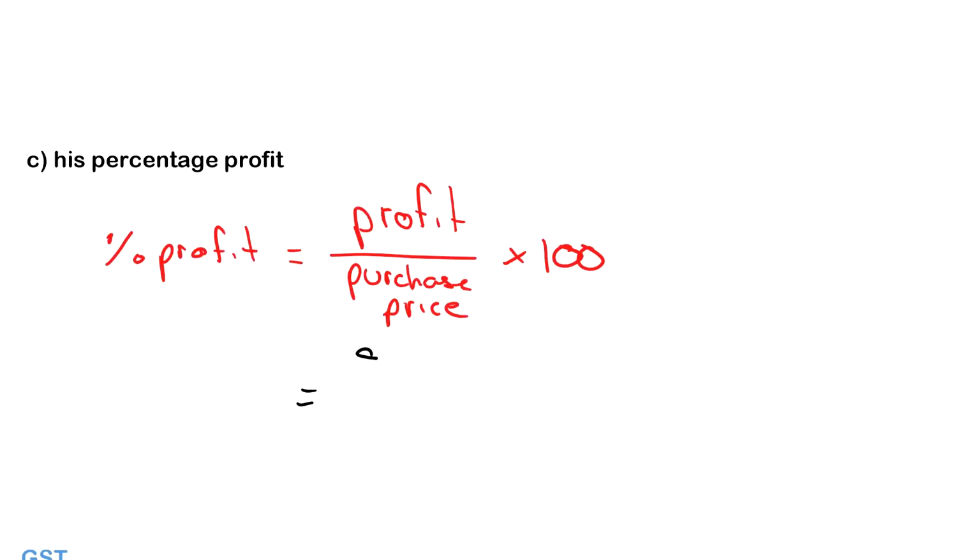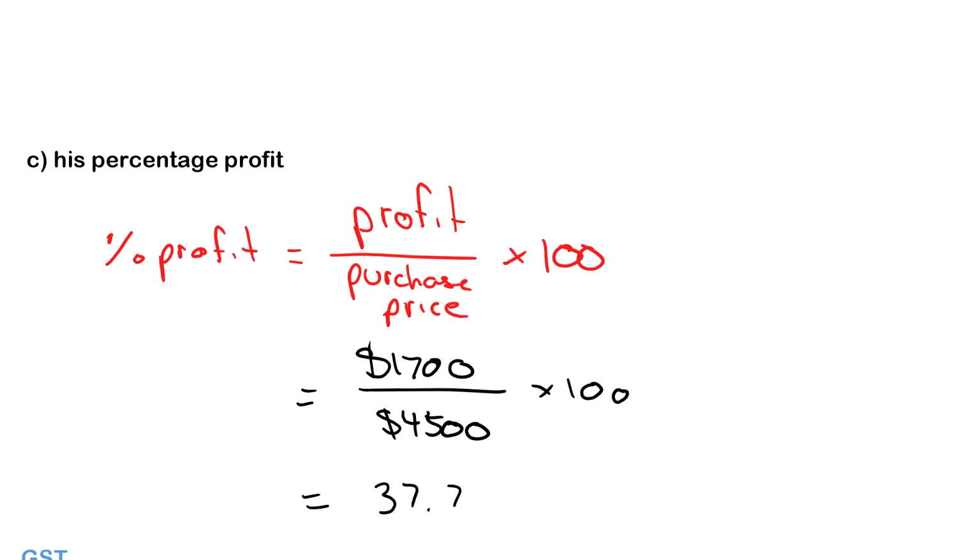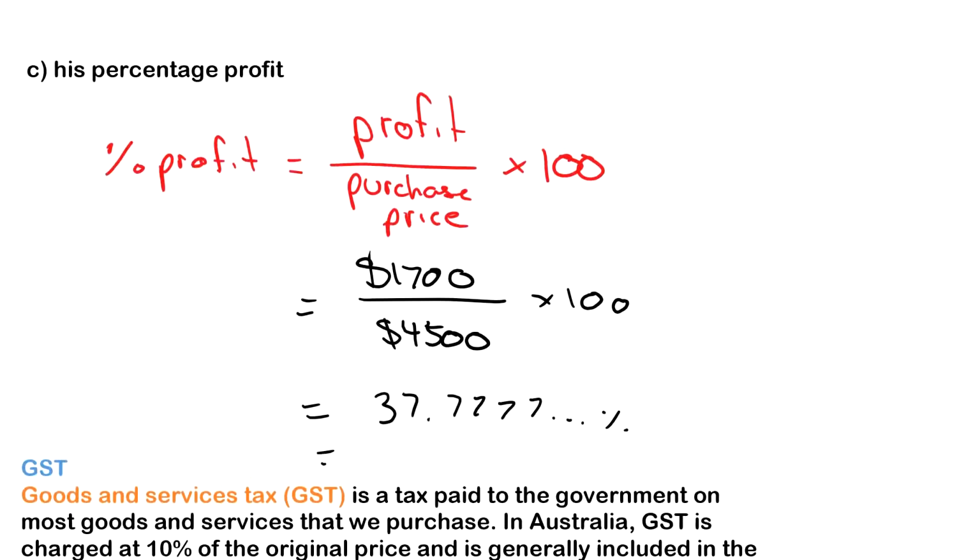So we know we have 1,700 profit. We purchased the car for 4,500. And then we put times 100. Which gets us 37.7777 ... percent, which is really just 37.8% profit.